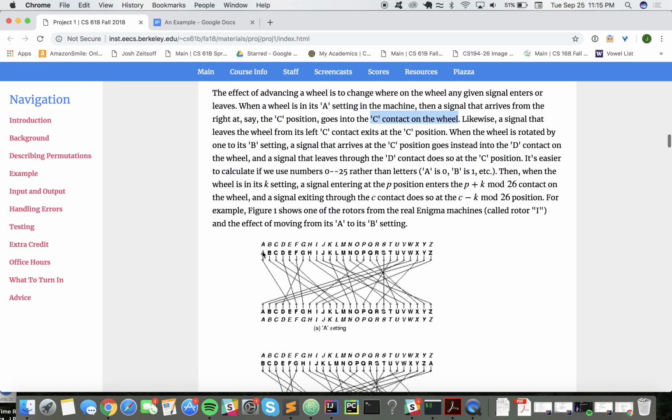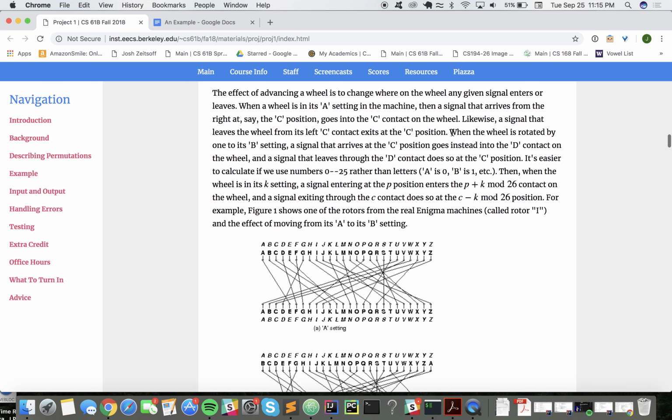So A position goes in on the A contact, B goes to B, and so on. Now when it leaves the wheel, on this bottom side here, a signal leaving from a C contact exits at the C position. So if something is translated to the C contact, it leaves in the C position, same for B, same for A, and all the other letters here.